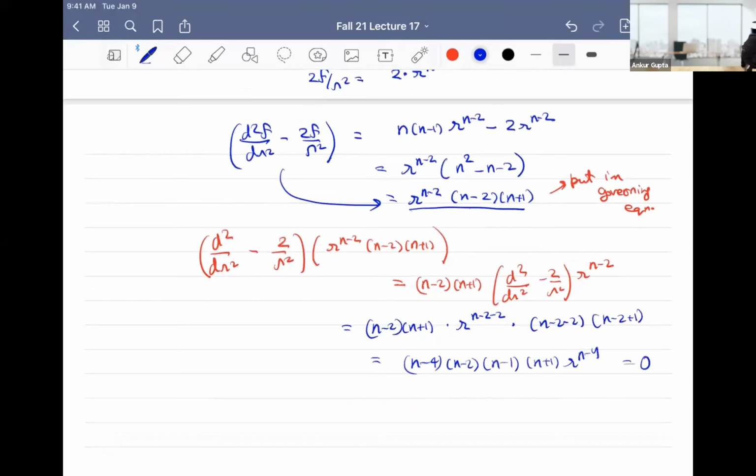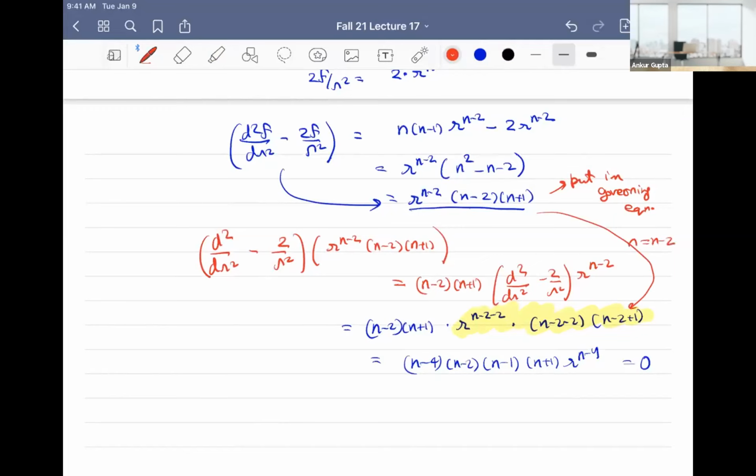Okay. So what I have written here, I've substituted in this solution. If you think of this portion of the solution, this is exactly the same as this one, but where n has been substituted as n minus 2. That's all I've done, because I'm applying the same operator on a smaller n.